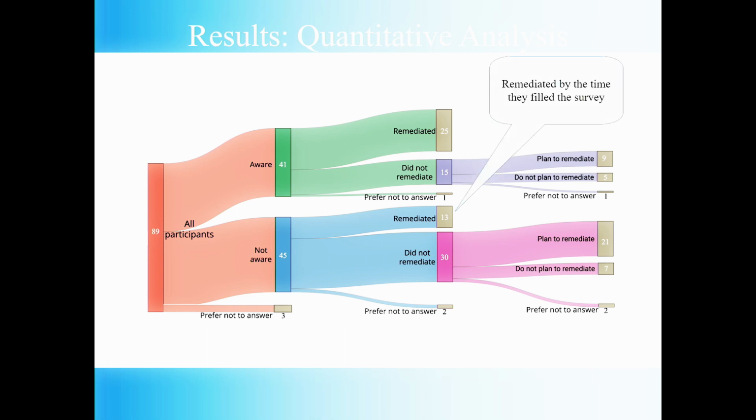So the partition of the people that were not aware and who decided to remediate, so those decided to remediate after they received our notification, right? So a lot of those have remediated, and then they filled our survey. And when they filled our survey, they answered that they have remediated, even though they were not aware.